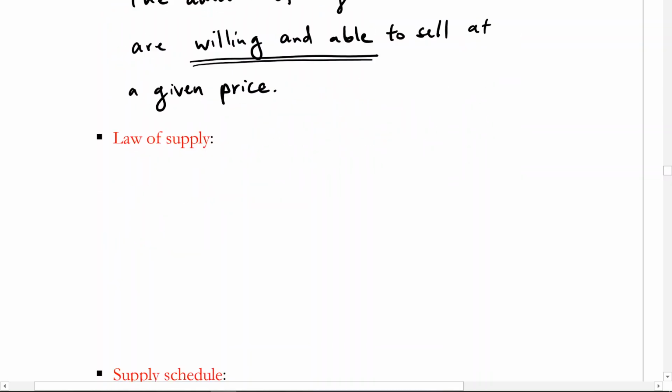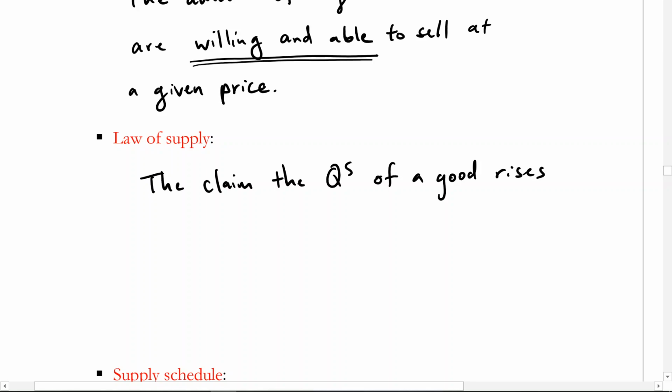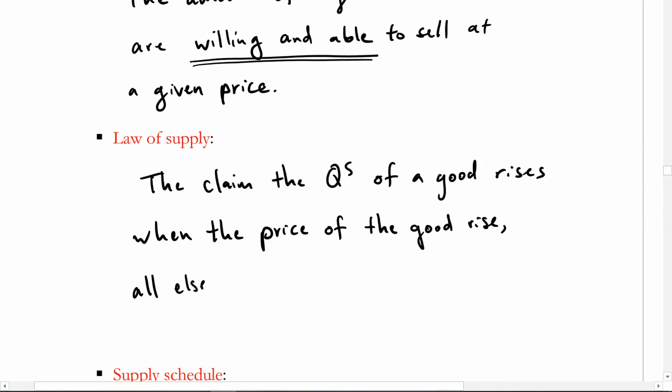And our law of supply is the claim that the quantity supplied of a good increases when the price of the good rises, all else equal, or ceteris paribus.